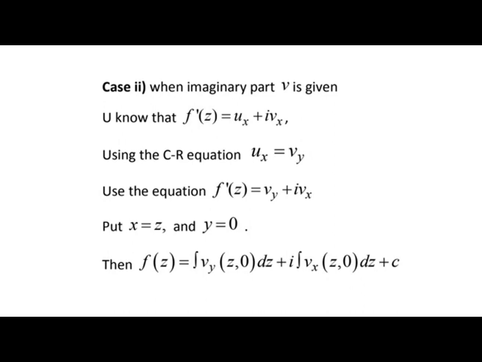Since f dash z is ux plus ivx, you can replace your ux by vy because your f of z is analytic. So, my f dash z reduces to vy plus ivx.